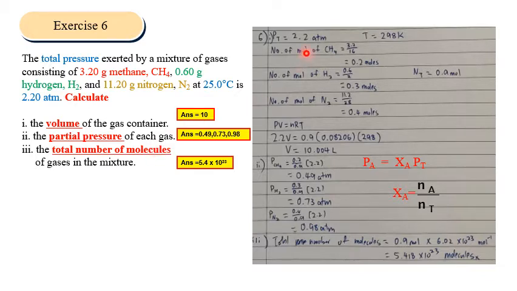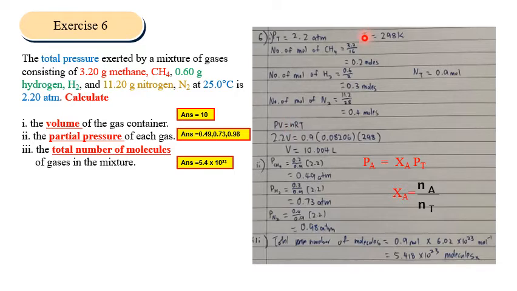So first, volume of the gas container. We need to apply PV equal to nRT. P we know, V we are not sure, n, here we need to find out the n total. R is the gas constant, T is temperature, no problem. How to find out the n?